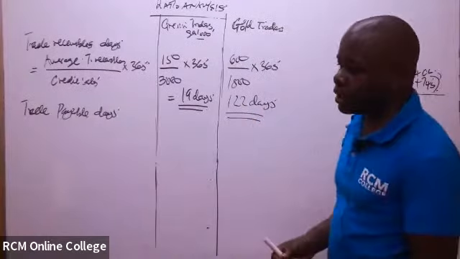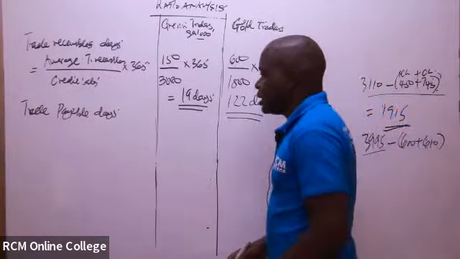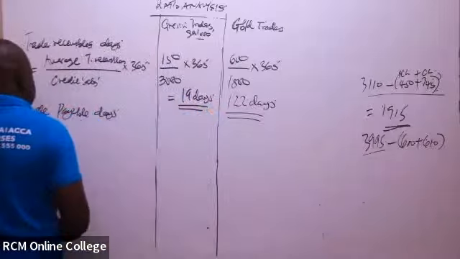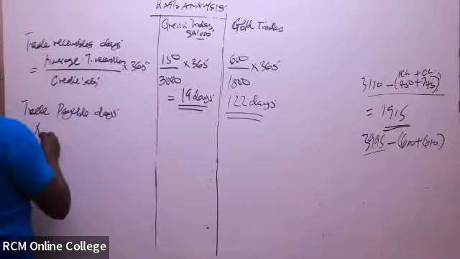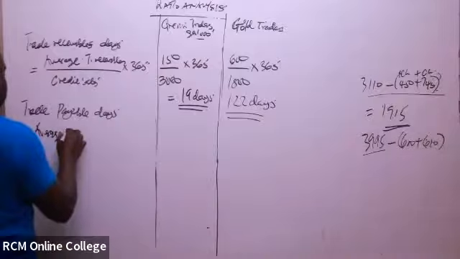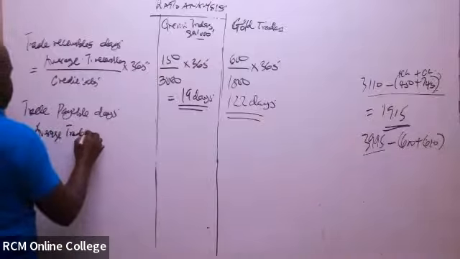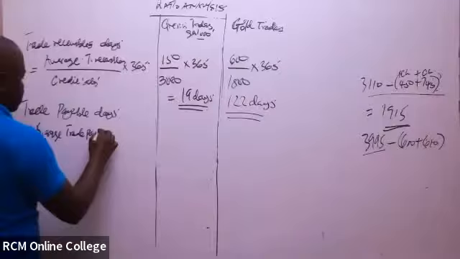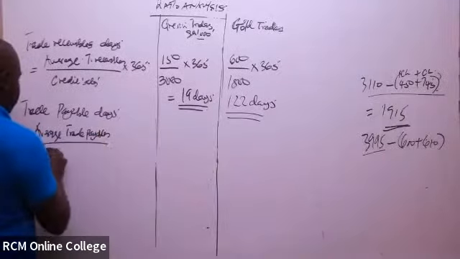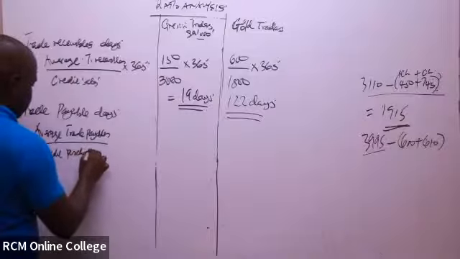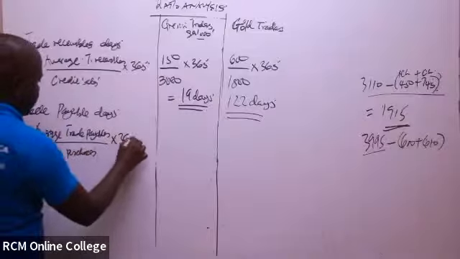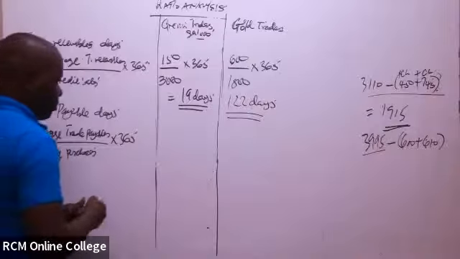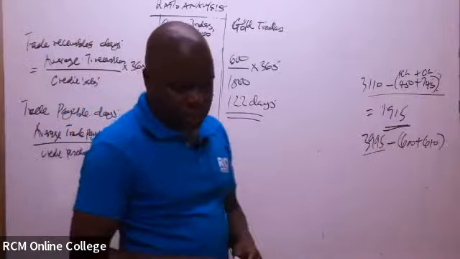Average trade payables over credit purchases multiplied by 365. So average trade payables over the credit purchases, we multiply by 365.